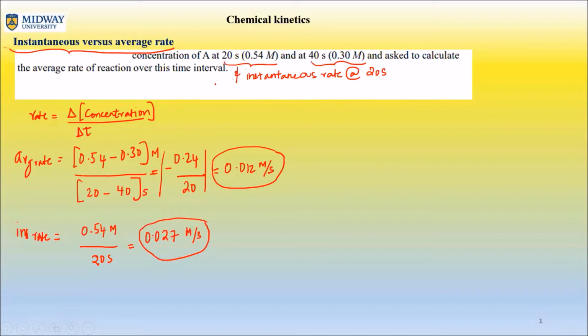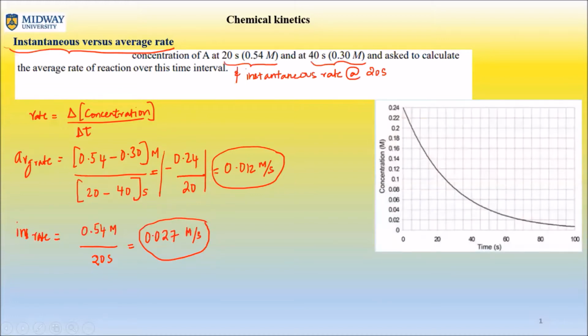Now the problem could be written just this way, so you know exactly what's happening, or it could be graphical, like in here. I could ask you, what's the average rate for the entire reaction? Average rate for the entire reaction, which would be, this is the time, 0 and 100 seconds.